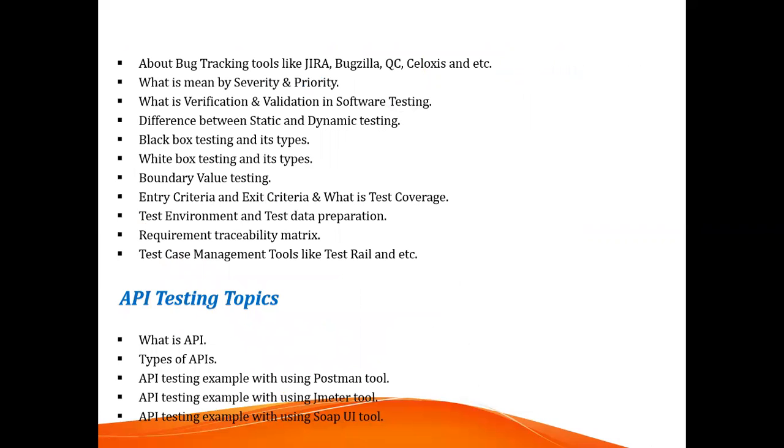And API testing topics also, like what is the basics of API and what APIs we have in the market, like REST-based API and SOAP-based API, and how we can configure in the Postman tool or JMeter or SOAP UI tool, and how you create the API. So everything will be covered here.